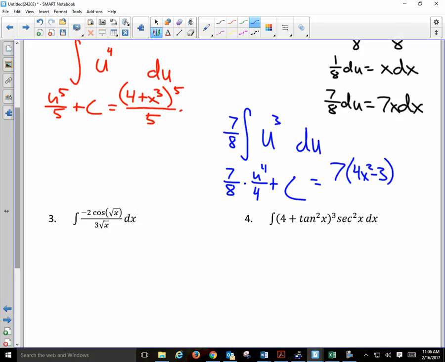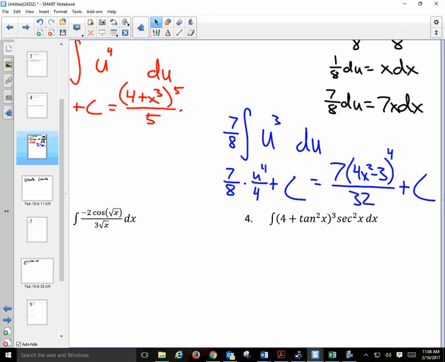Raised to the 4th power over 32, plus a constant. That is the antiderivative. Substitution is a technique that you will use for the rest of the year. It is the most important technique for finding antiderivatives that you will use.